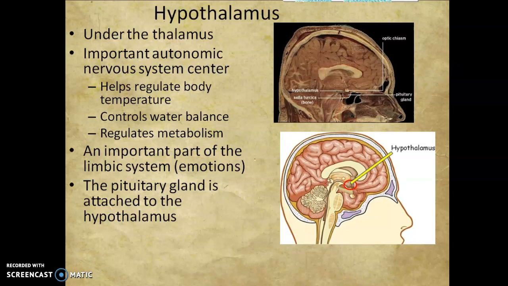We know the pituitary gland is activated especially at puberty, which causes middle schoolers to have mood swings and fluctuations, things that I'm glad I don't have to deal with too much as a high school teacher.